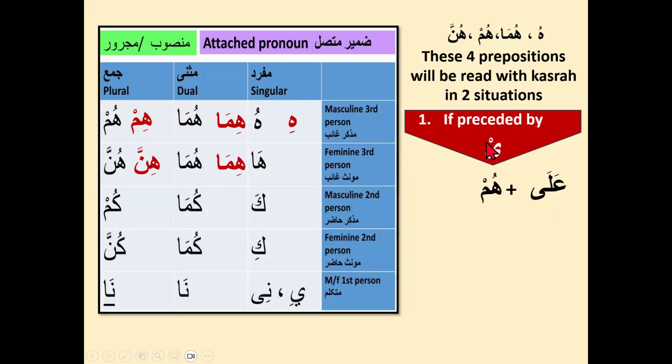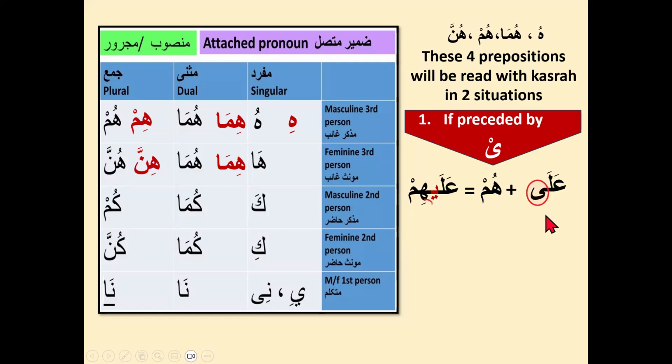If there is a ya with sukoon, with no haraka on it, and then there is a pronoun, I use hum because it's used many times in Quran Majid, and there is a ya preceding it, then because of this ya, hum will convert into him. Look, alayhim, it's used many times in Quran Majid. Alayhim: this ha has kasra because there is a ya before it.